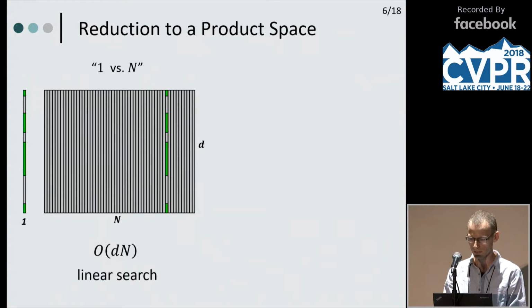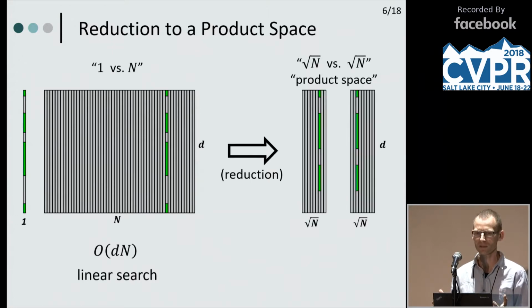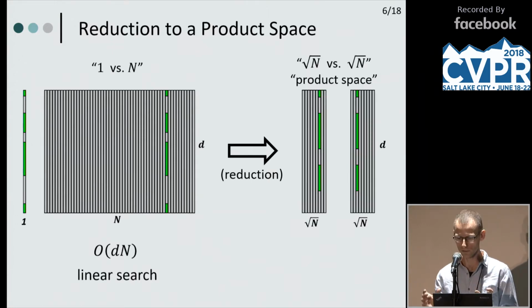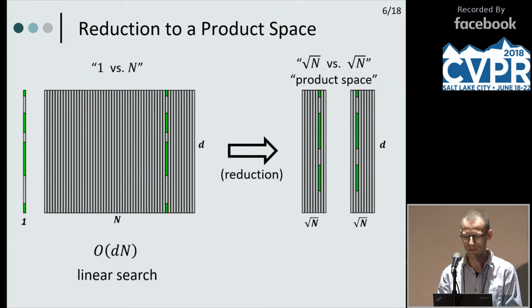But we propose instead a reduction to a product space of a set of 2 vectors, each of size square root of N. And this is a reduction in the sense that if we manage to find the best matching pair of vectors in the product space, it's easy to infer the optimal solution in the source.